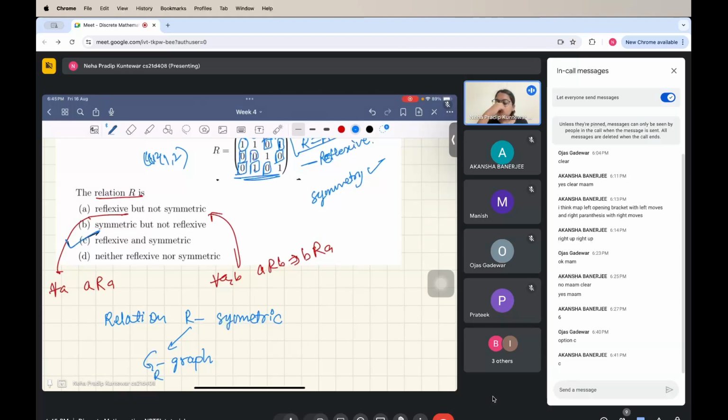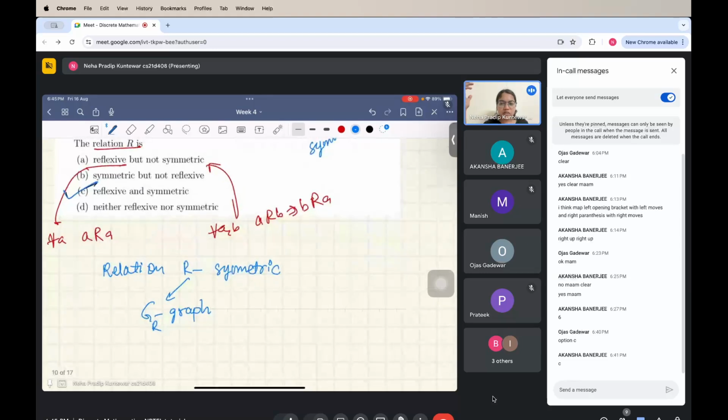So what can you comment about the edges of G? Is there any peculiar property that you can see? Yes, ma'am. The line joining the two elements or two points has two arrows, meaning the line points towards both the points you are joining. Exactly, good. So the edge is bidirectional.